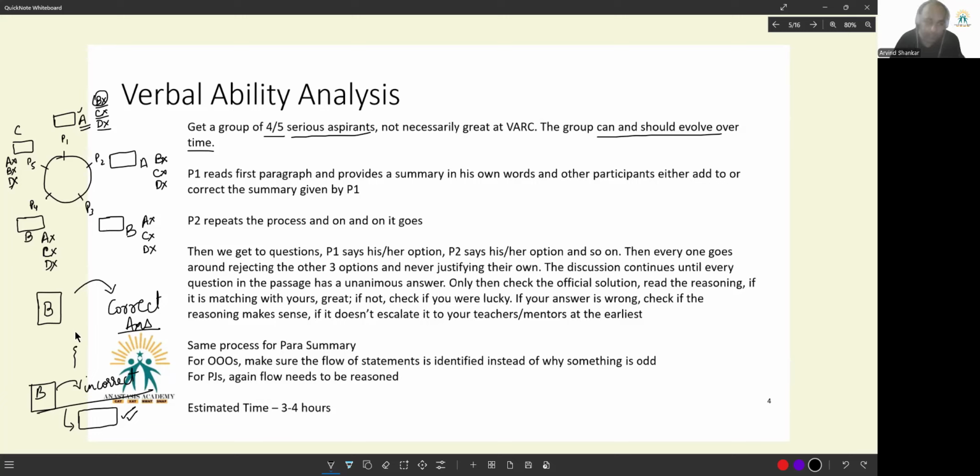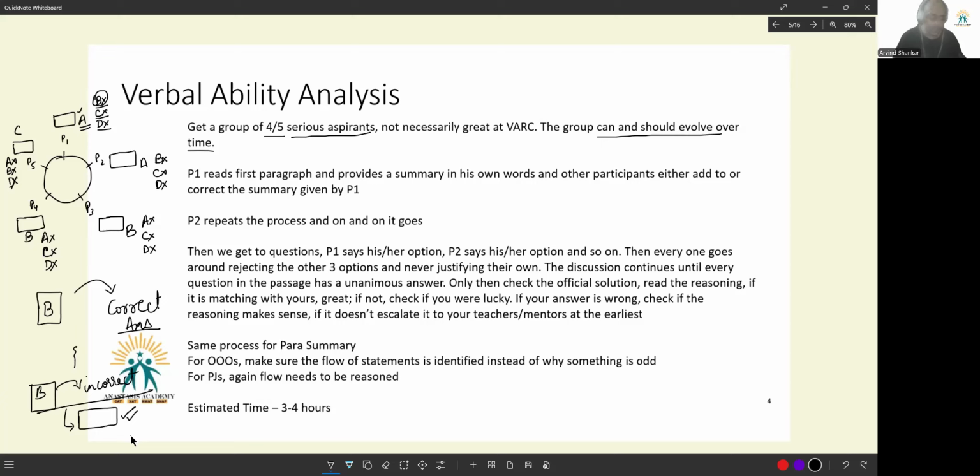With this, you start to identify what sorts of presuppositions and preconceived notions we already have that tend to push us towards a particular option.